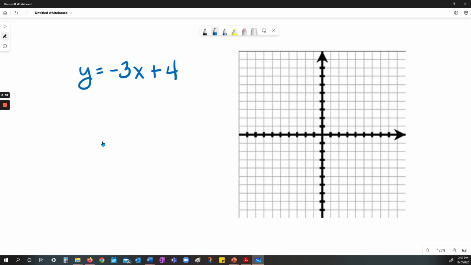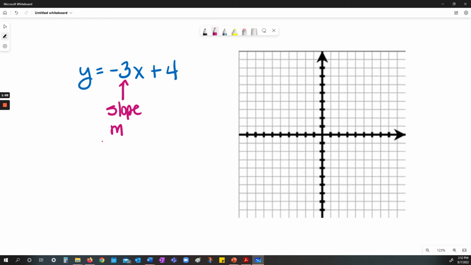You may remember that these two numbers are special. When you have your equation solved for y, then the number in front of the x, the coefficient on x, is the slope. And we notate that with an M. So this tells us how steep this line is.